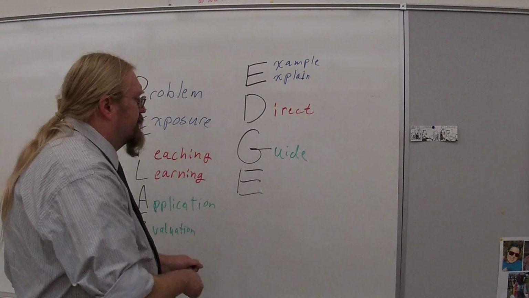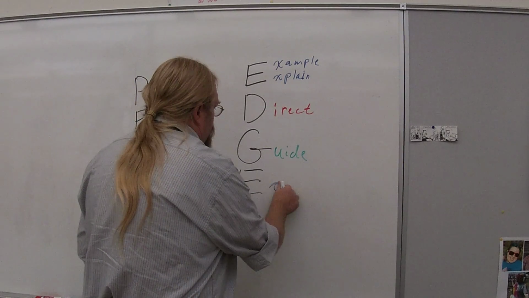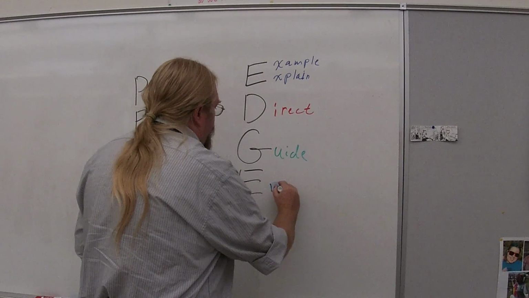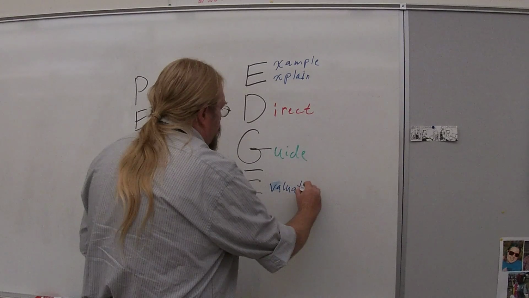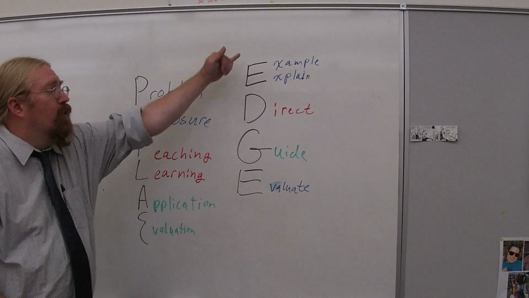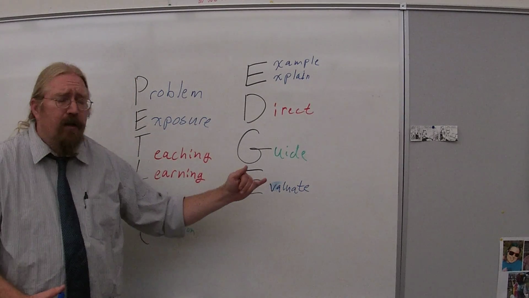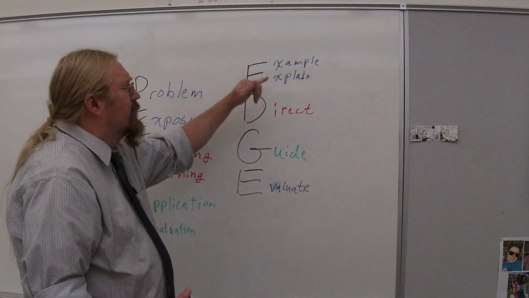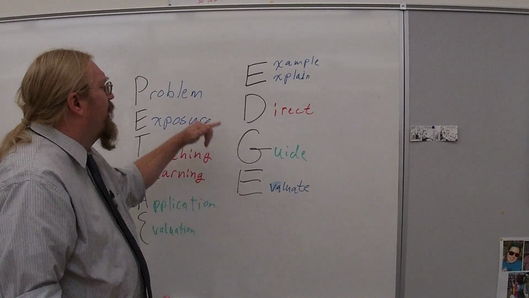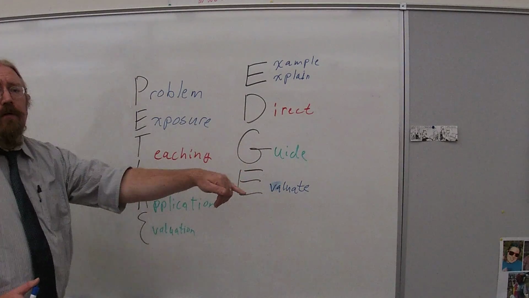And then the last step is, again, evaluate, okay? Again, that might come back in the form of feedback when you go through and fix your paper. That might come in the form of an assessment score, okay? But you look at how you did, and that might, again, set you back to a new problem exposure and go through these two processes again.